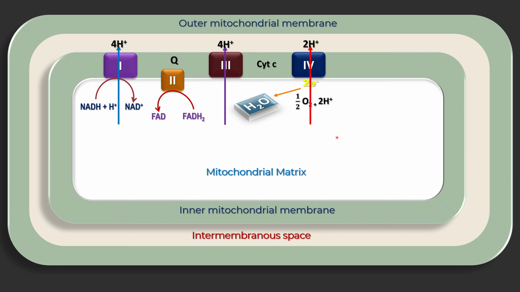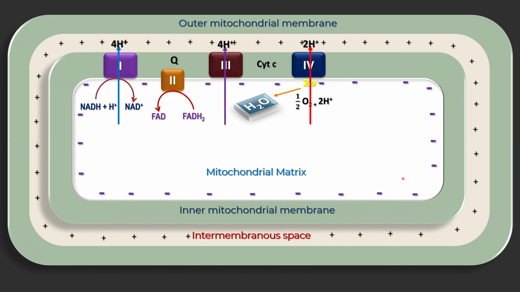Through the coordinated action of complex 1, complex 3 and complex 4, protons start accumulating in the intermembranous space, creating both an electrical and a chemical gradient. Let me explain what that is.